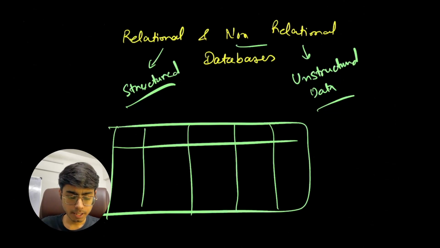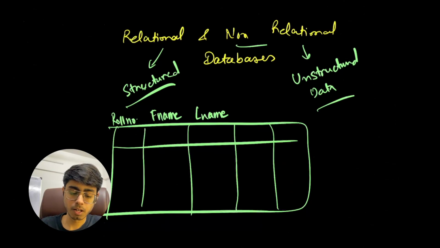Let's say we are building a database for our school admission website. Here definitely the data is going to be structured. Why? Because every student who is taking an admission is going to have a roll number, a first name, a last name, a class which is allocated, and a date of birth.